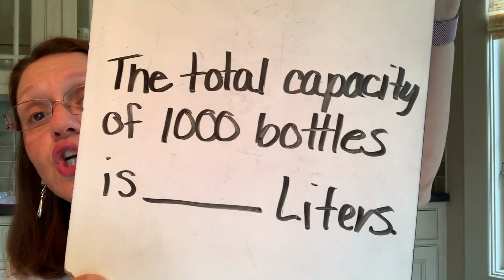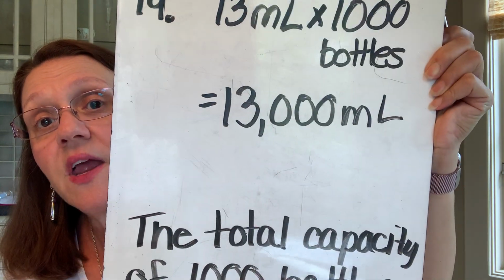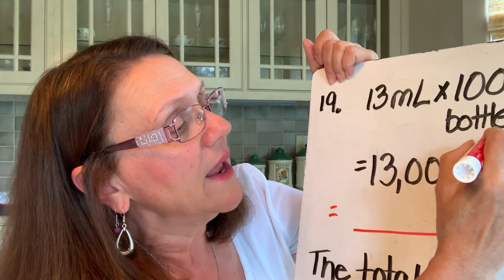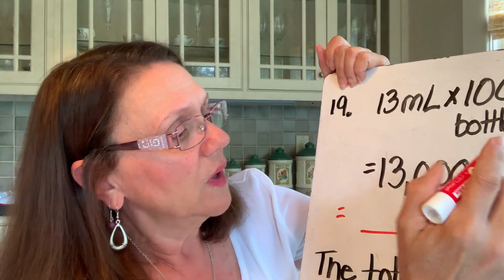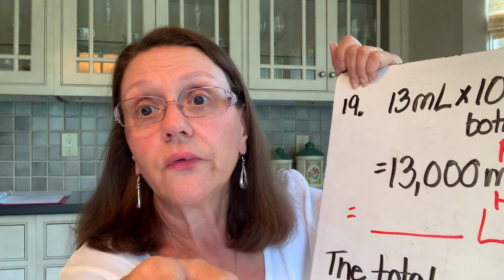Now I just have to do a conversion so that I can fill in this blank. I'm going to take my milliliters and convert them to liters. Which one's the fly? Which one's the horse? There's the fly, and this one's the horse. So fly to horse, divide, of course.